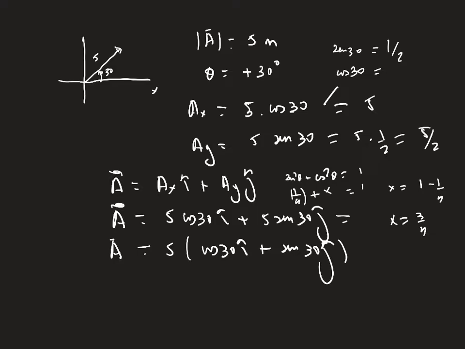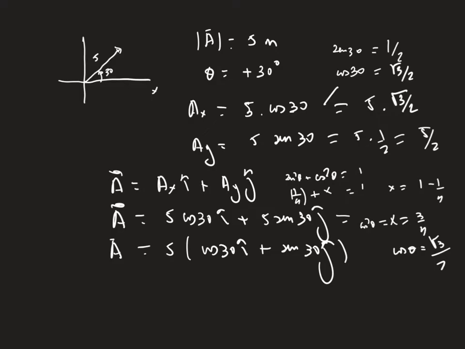So cosine of theta is the square root of 3 divided by 2. So the component AX will be this one. I did it: the angle is 30 degrees, counterclockwise, and I used the correct angle.